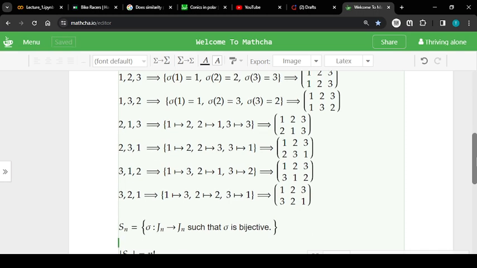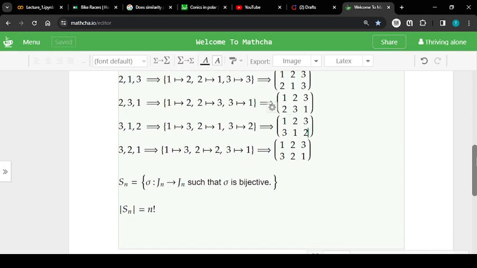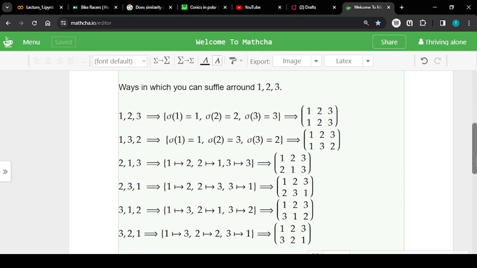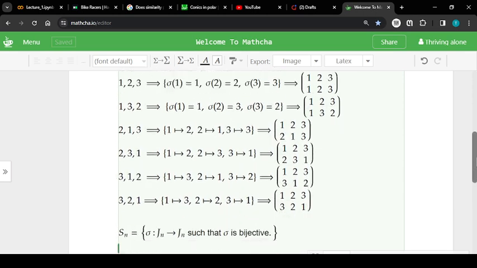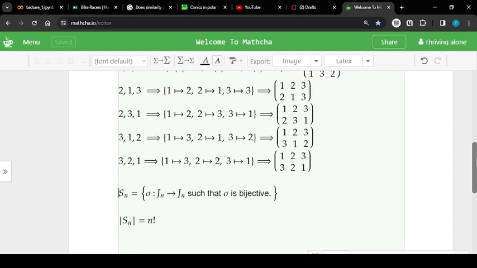also a popular notation I've seen in books. Okay. Now basically, what's the group operation? The group operation of this set of functions, that is the symmetric group, is basically function composition. Of course, you know that function composition is associative and it is not commutative generally.